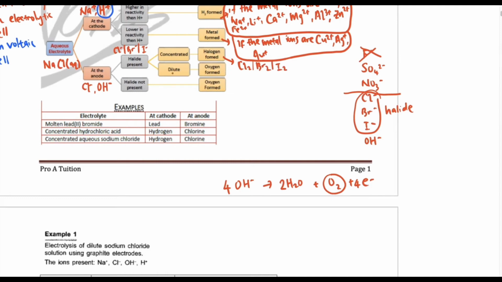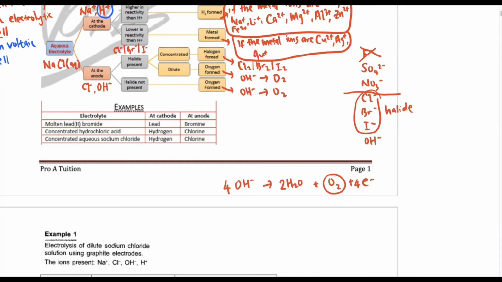If it is dilute, then what happens? The hydroxide will change to oxygen as one of the products. If halide is not present, then hydroxide will change to oxygen. So that is the explanation so far.